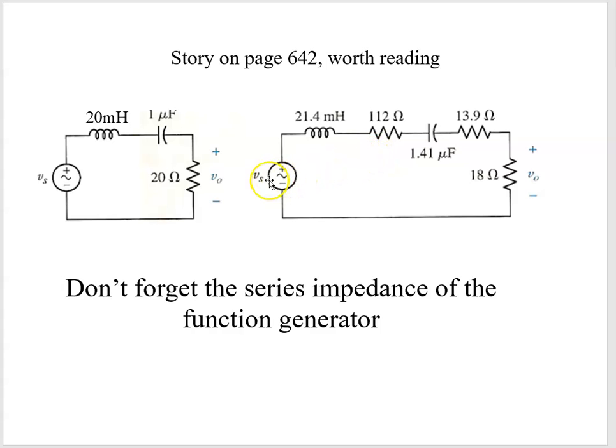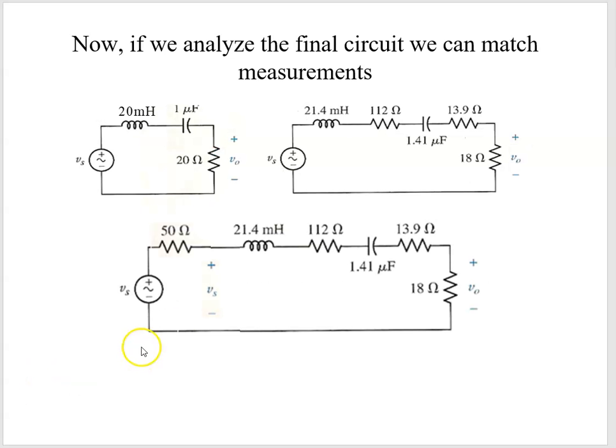But we also have to consider the series resistance of the function generator. That's going to make a difference because it's going to change the current that's being driven, as well as our quality factor. So here's the circuit that we need to analyze. Once we make those adjustments, we can analyze this circuit.